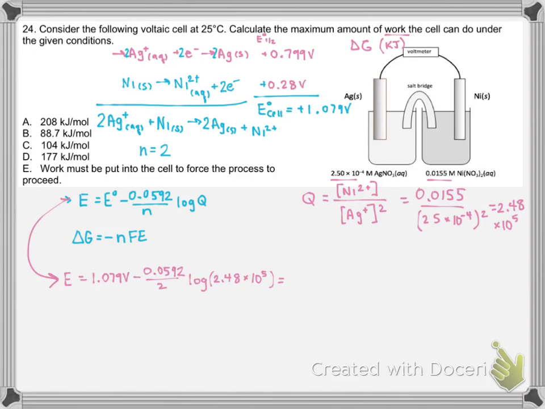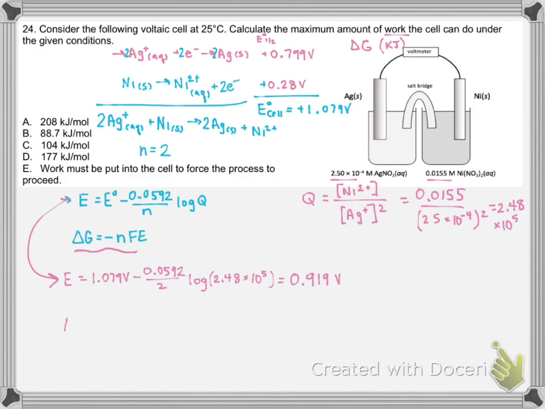And our non-standard potential is 0.919 volts. Now that we have that, we can use our delta G equals negative NFE equation to solve for work.